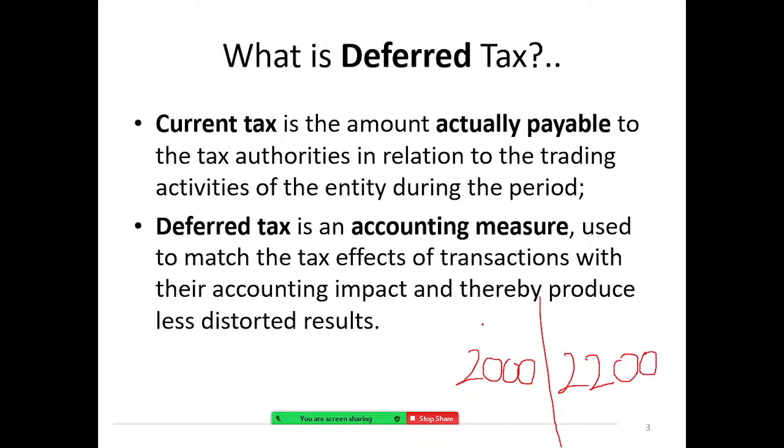So this is the accounting profit tax, and this is the taxable profit tax.